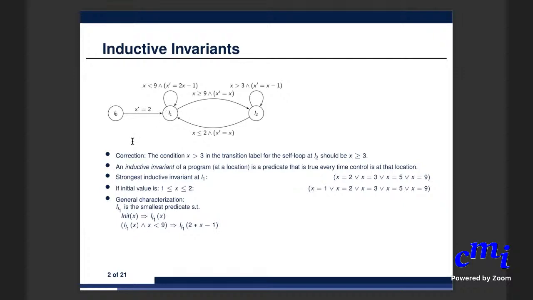So this predicate, where I enumerated all the possible values, which I was able to do because it is only a finite set of values, can be characterized this way in a generic inductive fashion.